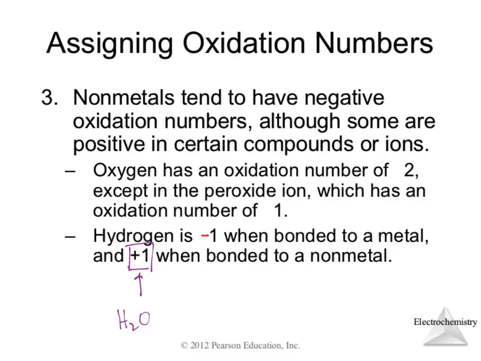I bond hydrogen to one of those elements, what happens to it? The nonmetals take the electrons from hydrogen. So typically when I put hydrogen to a nonmetal, it becomes positively charged. What happens if I bond hydrogen to a metal? Why does it become negative?